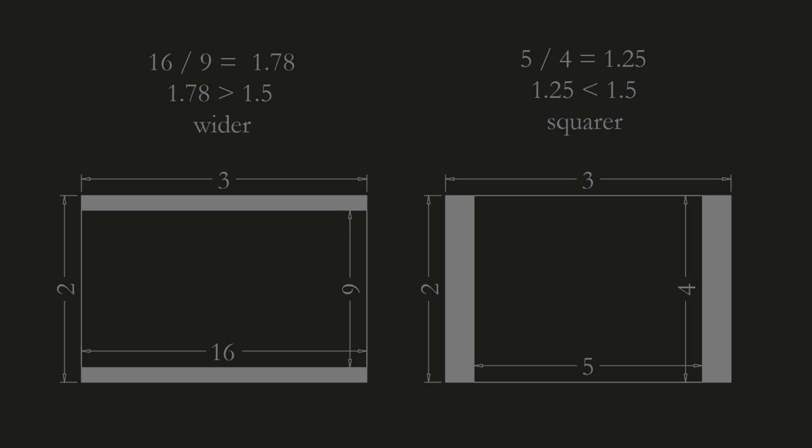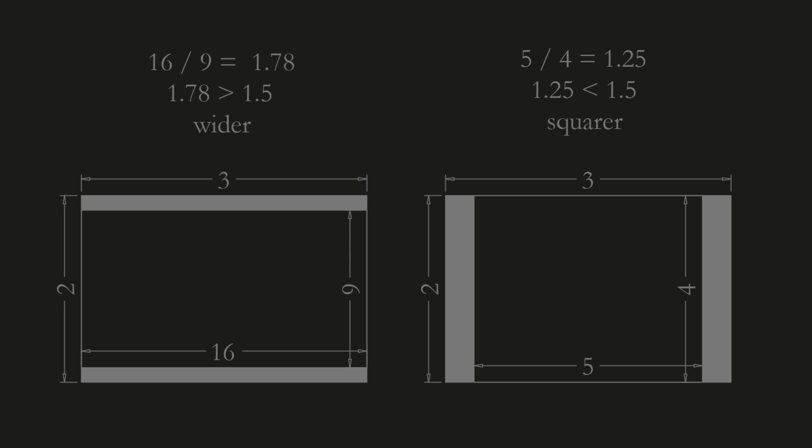The next step is to find out whether the desired aspect ratio is either wider or squarer than the native camera aspect ratio, and we do that with a similar calculation as our previous examples. On the left here we have a 16:9 aspect ratio, and you divide 16 by 9.